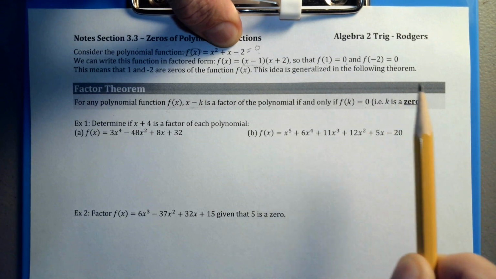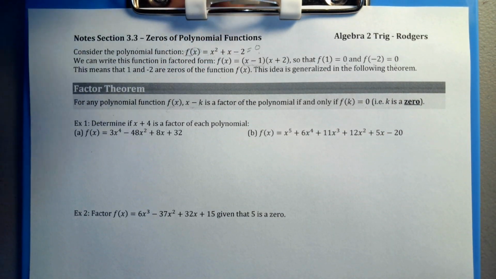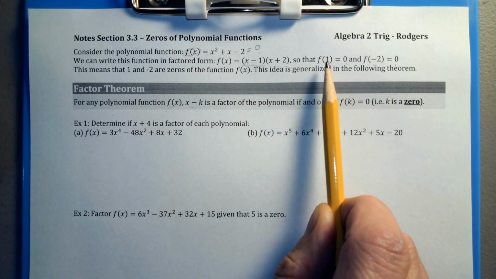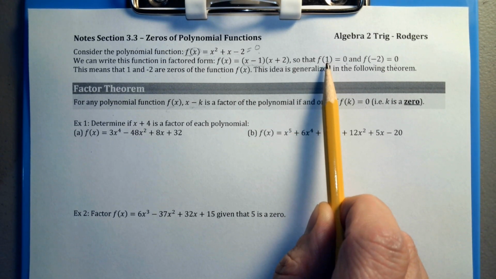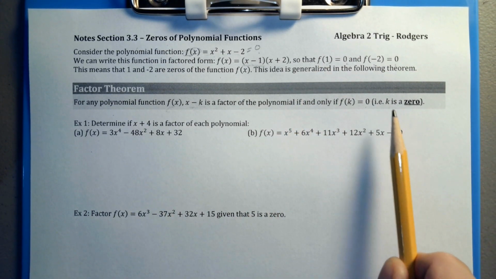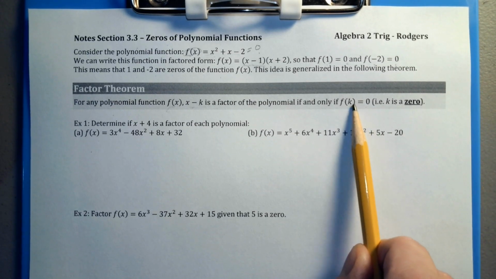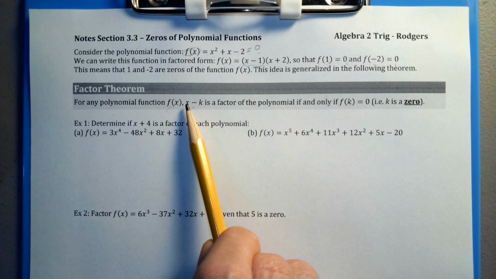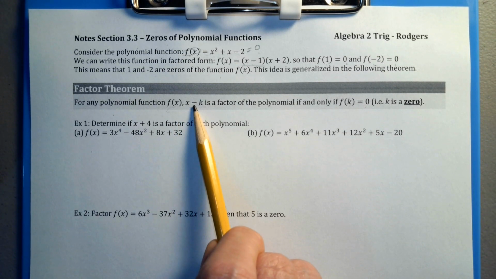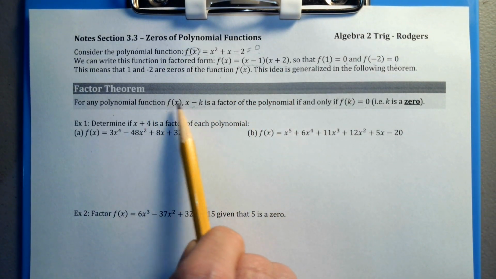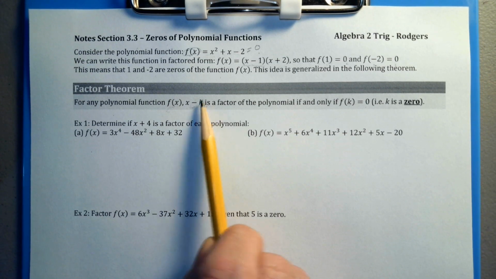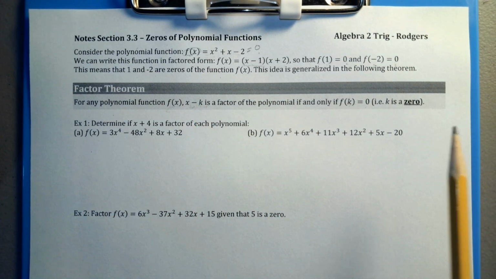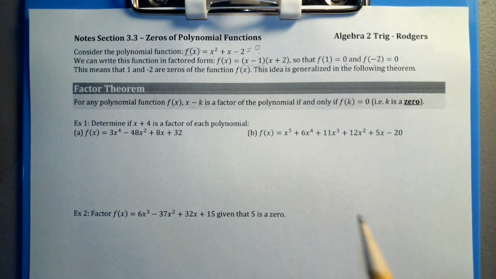And that tells us that that number, 1, is a zero of the function. Whatever that is, it's going to be the opposite of what we have in the binomial. Like in our case, it was x minus 1 or x plus 2, in which case k would be negative 2. I think this will make more sense when we do a couple of examples.